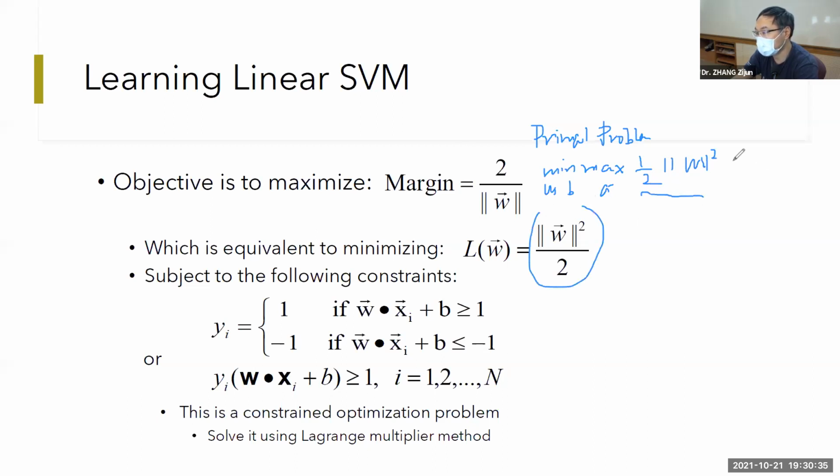And minus the penalty, which is the constraint multiplied by the Lagrangian multiplier.